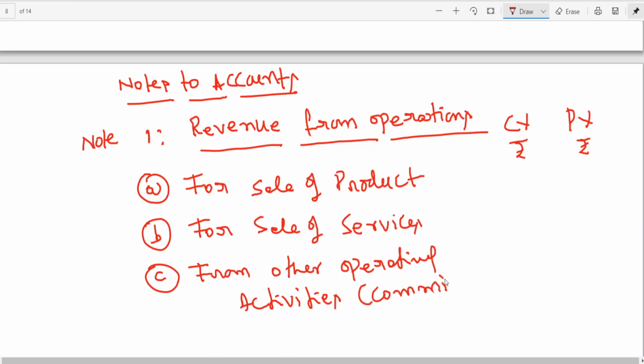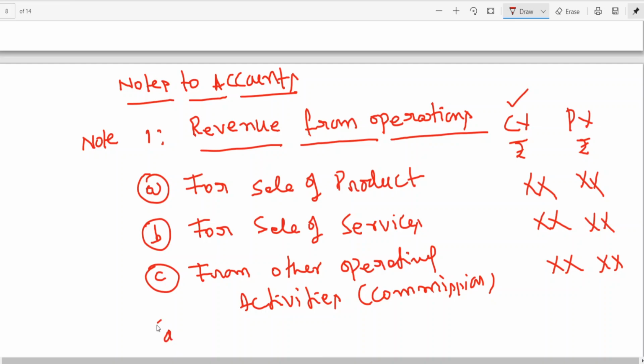I can give the example of commission. Everything I won't be writing previous year, but I think generally this information will be given. Very rarely they will not be giving.